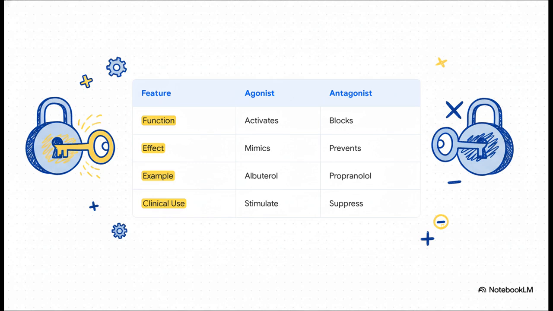Simple. For effect, agonists mimic the natural signal, while antagonists prevent it from ever binding. For examples, we've got our friends Albuterol for asthma and Propranolol for high blood pressure. And that brings us to the big one, clinical use. Doctors use agonists to stimulate a system and antagonists to suppress one. That's the whole ballgame right there.